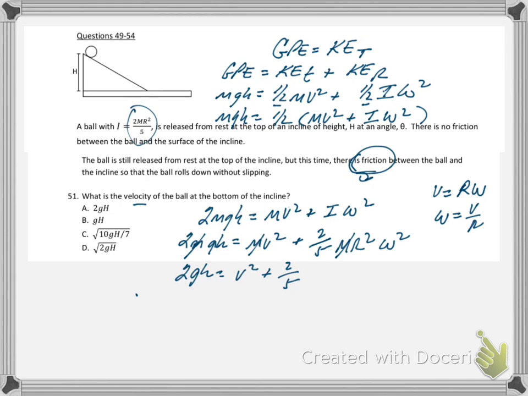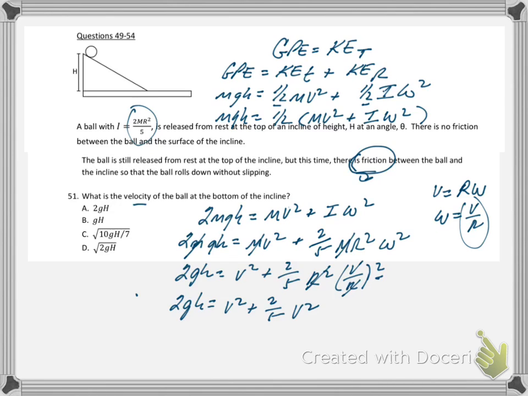And this angular velocity squared would be r squared times this squared, and this r becomes squared, so these cancel, and we're left with v squared.